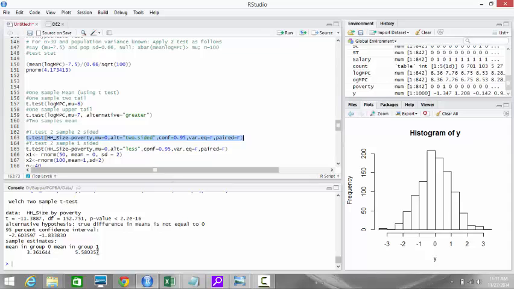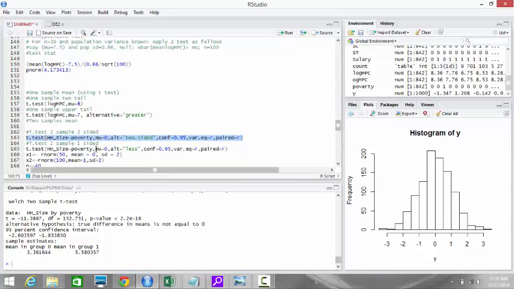This is the mean household size for people above the poverty line, and this is the confidence interval. Since this is outside the interval, shown by the fact that the p-value is very small, our null hypothesis that the average household size between the two groups is equal gets rejected.